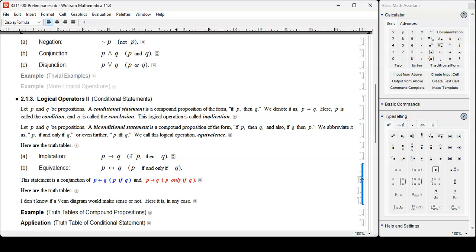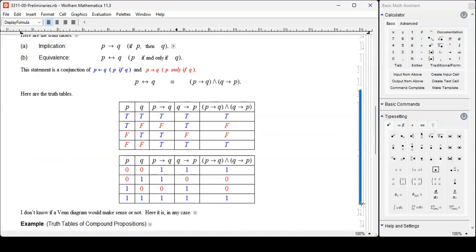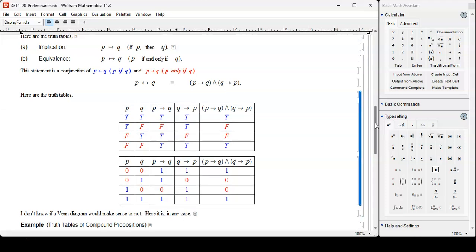If P then Q, and if Q then P put together. Here is the truth table. If they are both true, then true. Both false, then true. If they're different, then false. That's why this thing is called equivalent. Whatever P is, whatever Q is, they must be the same, then true. Different, then false.